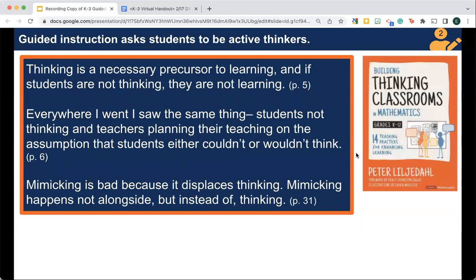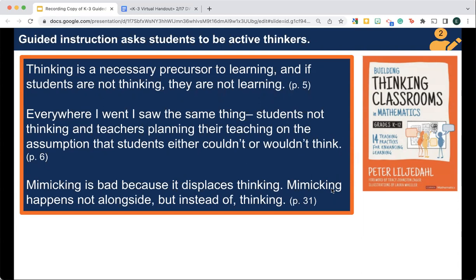A final quote, "Mimicking is bad because it displaces thinking. Mimicking happens not alongside, but instead of thinking." Often in guided instruction, we want to model for our students. We want to demonstrate or do a think aloud. And that's okay, but we want to think to ourselves, are we positioning our students as mimickers?